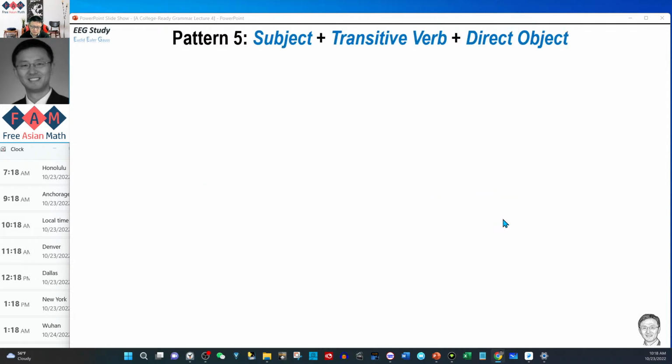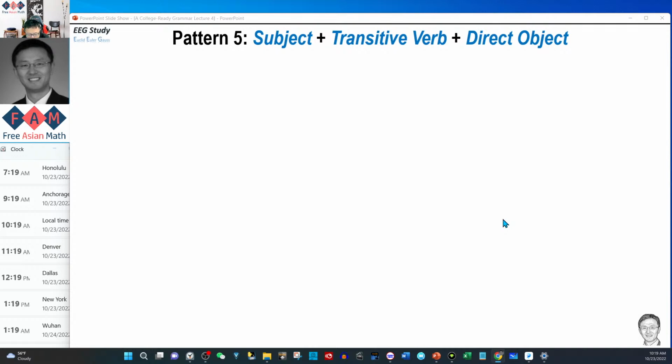Now, the next one, pattern number 5. This is the most important simple sentence pattern. It just represents such a huge number of English sentences. So this is also called the so-called SVO pattern: subject, verb, and object.